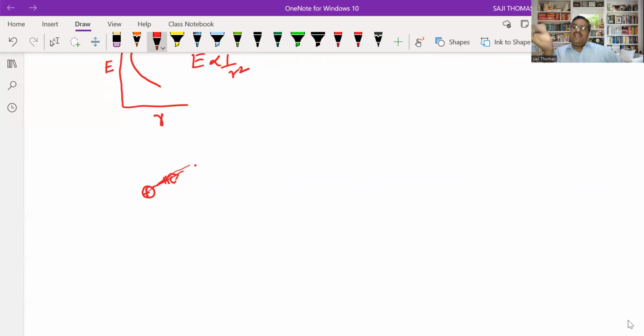These electric field lines can be straight or curved. If there is only one point positive charge and no other charges anywhere, then the field lines will be straight lines. For an isolated positive or negative charge, the field lines will be straight lines.